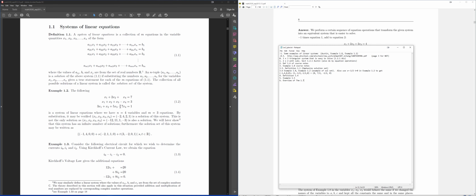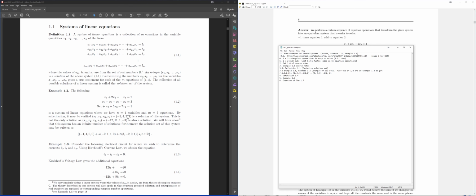So the only possibilities are no solution whatsoever, or infinitely many solutions. And in this case, I know you'll work this out later on, this linear system over here has infinitely many solutions.